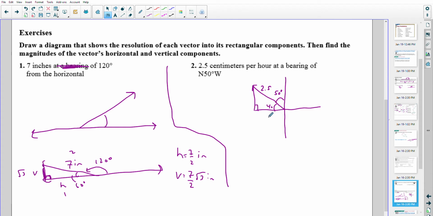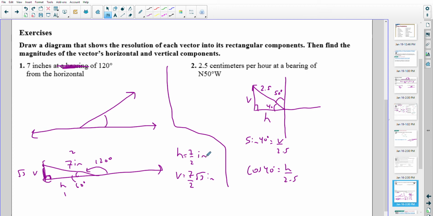And so again, I could label this as my H and my V, and then the way that you would figure this out is the sine of 40 degrees equals V over 2.5, solve for V, and the cosine of 40 degrees equals H over 2.5 using SOHCAHTOA, solve for H.